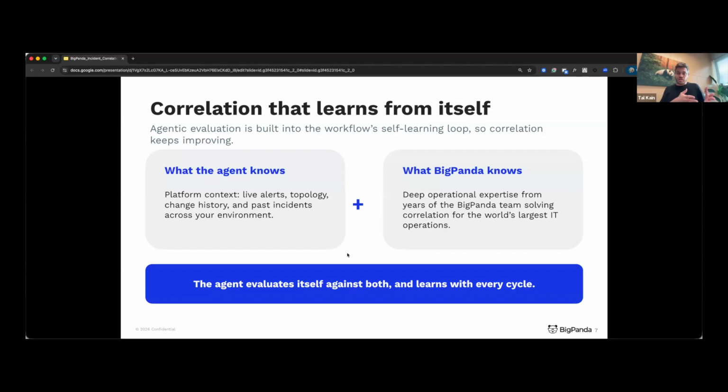It can actually automatically learn and improve with no human in the loop in this case. And that's exciting. That's something that comes together with the mix of all the things that were built in Big Panda, in addition to the use of Gen AI and LLMs in general.